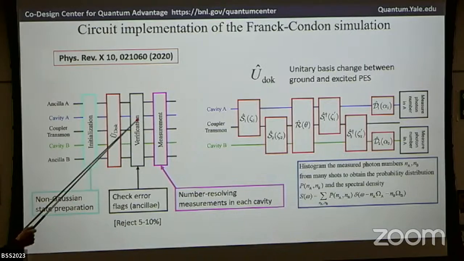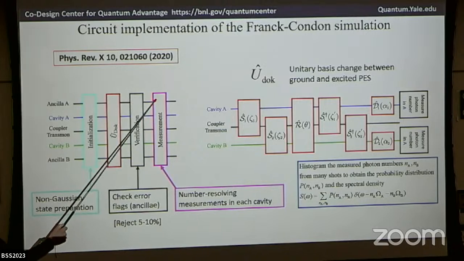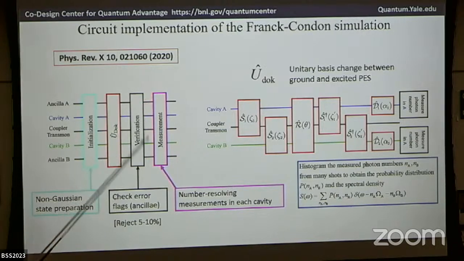There are some error checks that I do because that transformation is supposed to leave all the auxiliary qubits in their ground state. I throw away 5 to 10% of the data when that check fails. Then I measure the photon number distribution in each cavity with number resolving measurements. And I can do it the slow but accurate way: are you 0? Are you 1? Are you 2? Or the exponentially faster but slightly less accurate way that I showed you.